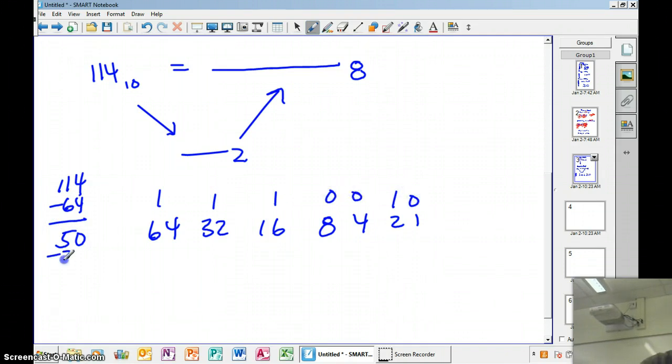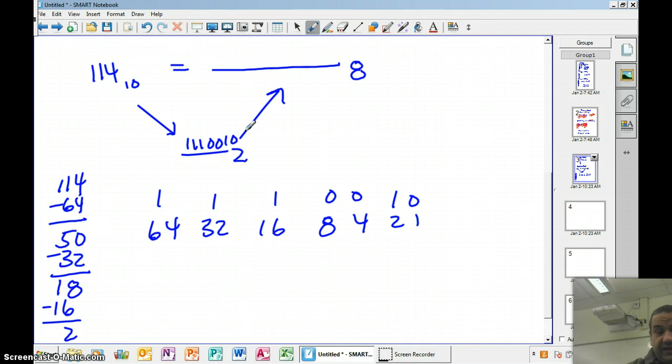Let me just double check. Take away 32, we get 18. Then we take 16 away and we get 2, and then we take 2 away. So the binary number for 114 is 1110010.